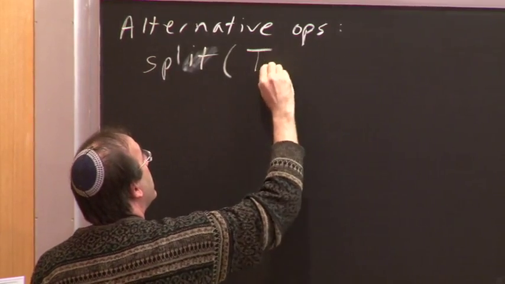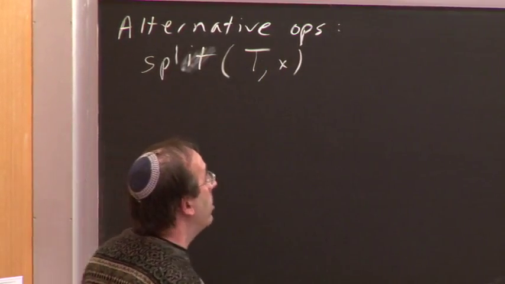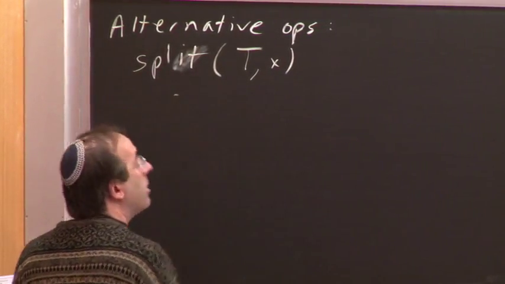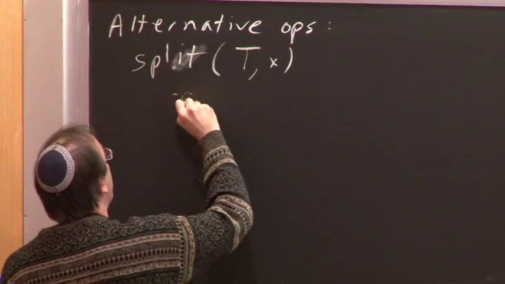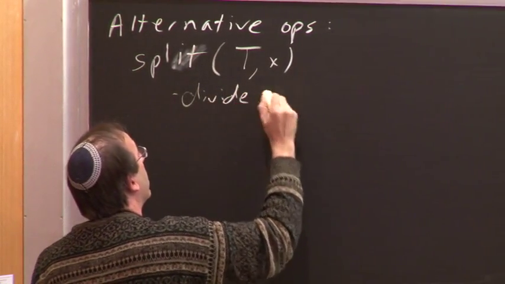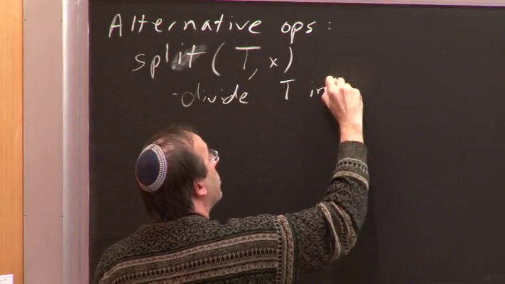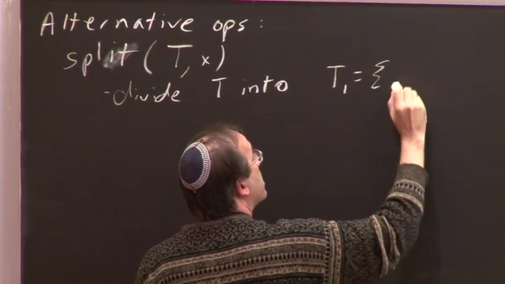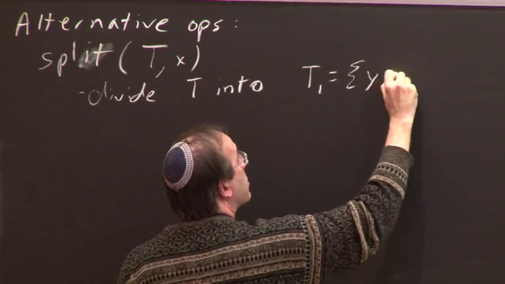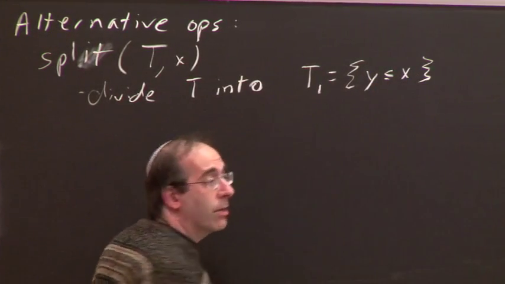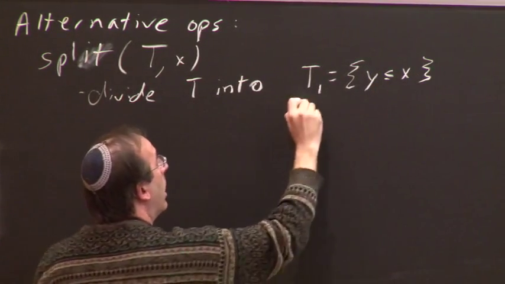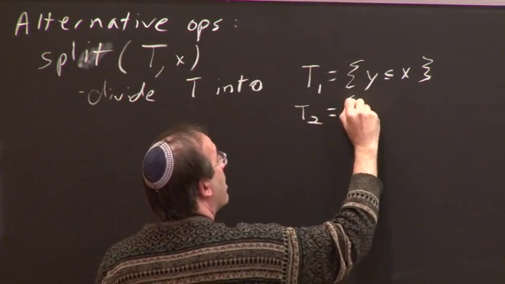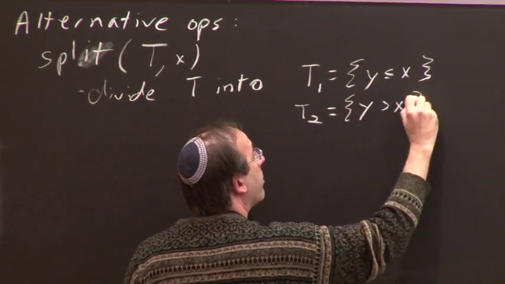Split a tree T at a node X. The split operation divides T into two trees, one of which consists of the set of elements Y that are less than or equal to X, and another one consisting of the set of elements Y that are greater than X.